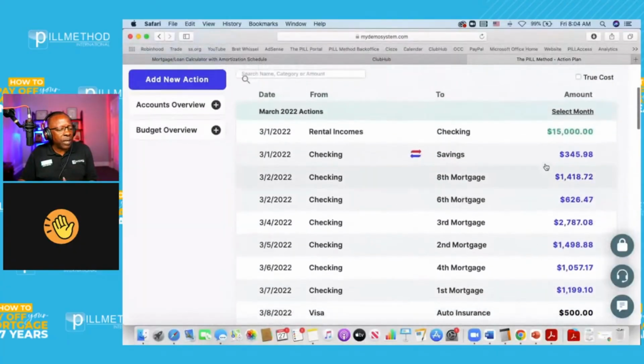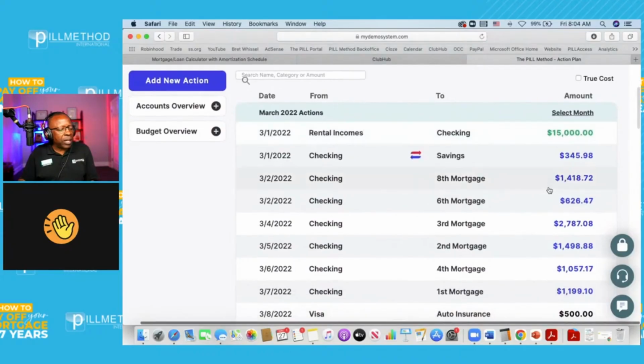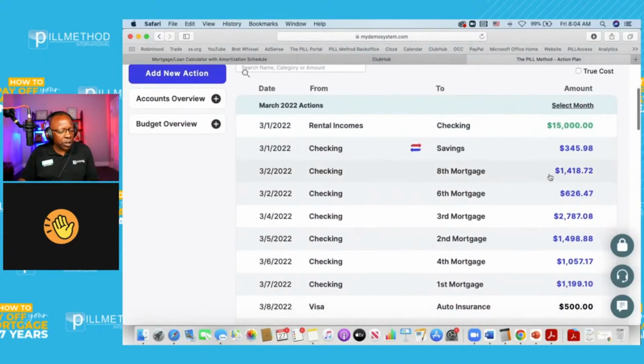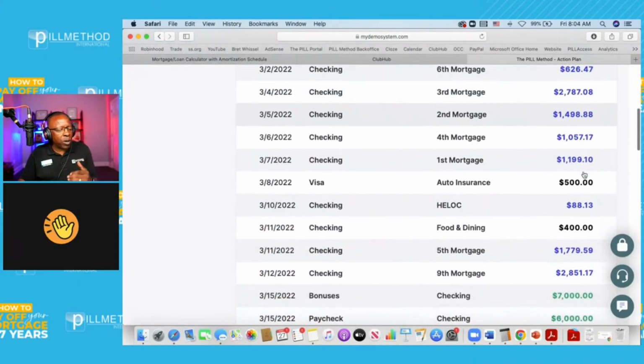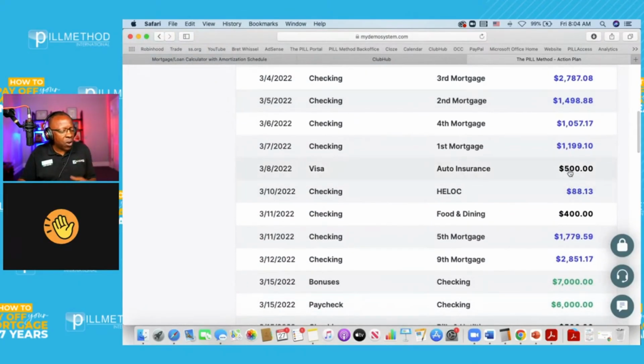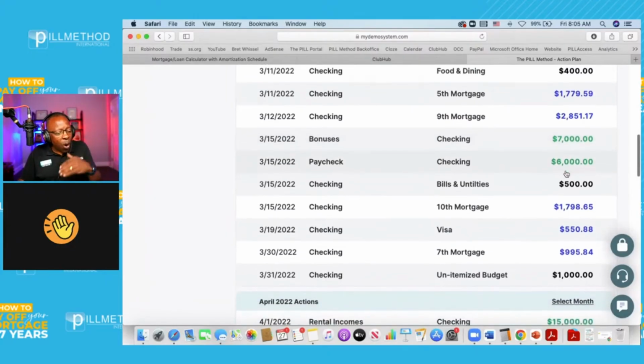So when we get the money in, his rent's $15,000, then he starts to pay the mortgages. Say mortgage number 8, mortgage number 6, mortgage number 3. He's paying the mortgages, and he has a HELOC. He pays his auto insurance, and even though he is a real estate investor, he also has a very good W-2 job, which not only pays him a salary, but he gets bonuses as well. So he's putting all of that money to good use, putting it together, building up his financial empire.